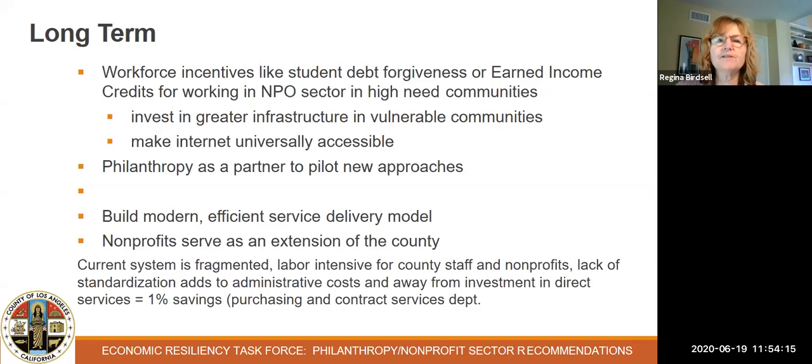So we thought there were some things like workforce incentives, debt forgiveness, student loan forgiveness, if we could keep people in the nonprofit sector working in high need communities.